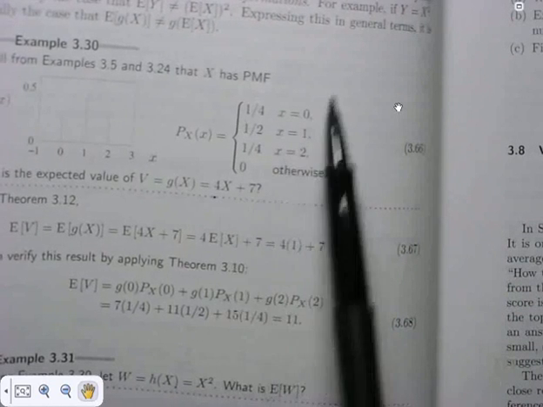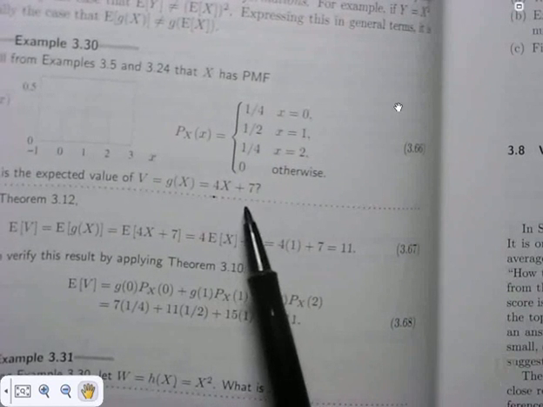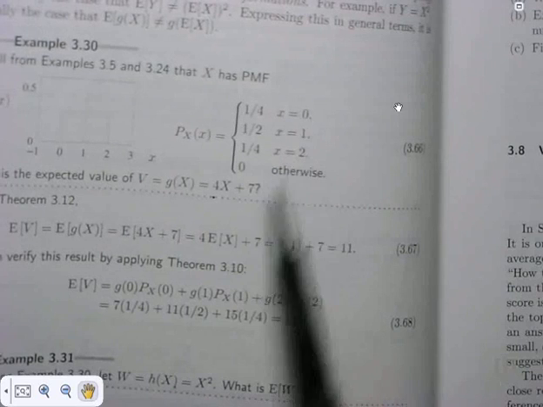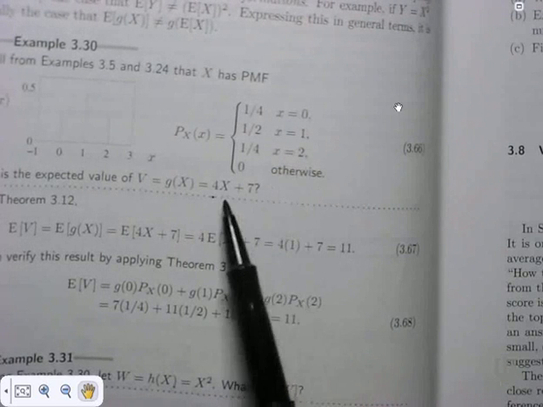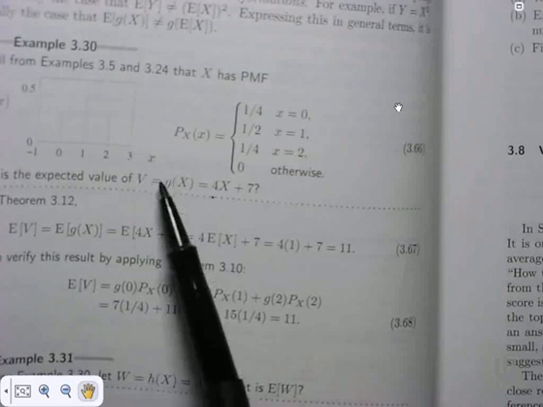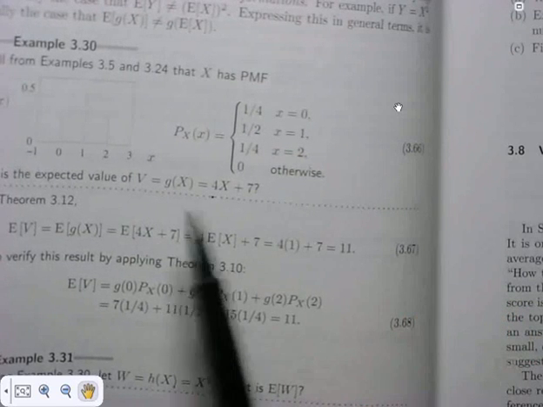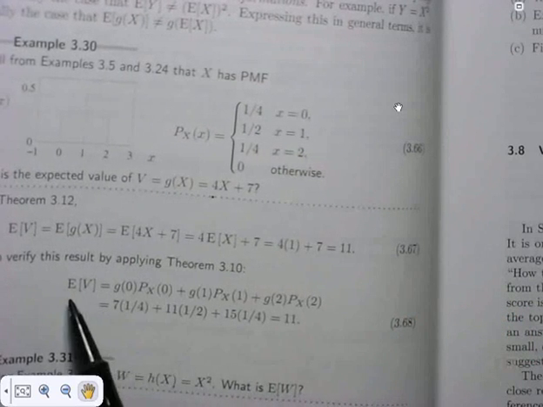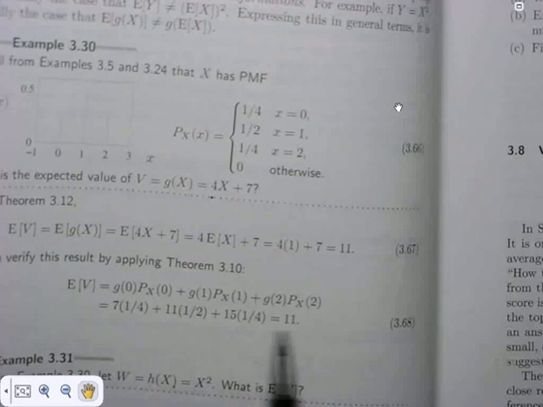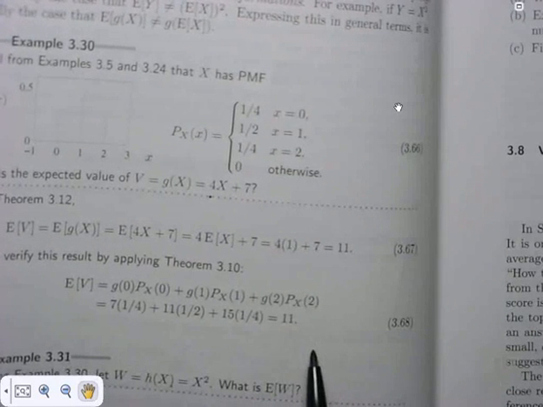So x equals 0, then you generate 4 times 0 plus 7. 1, you generate 4 plus 7. 2 is 8 plus 7, right? So it lists all the values of v and uses the probability mass function of v to calculate the E of v, which is exactly the same here. And we'll also come to 11.